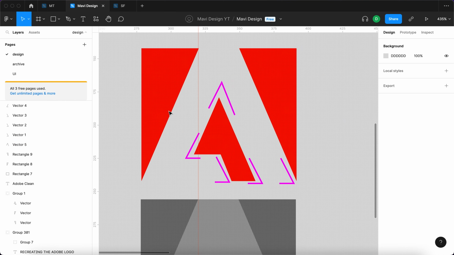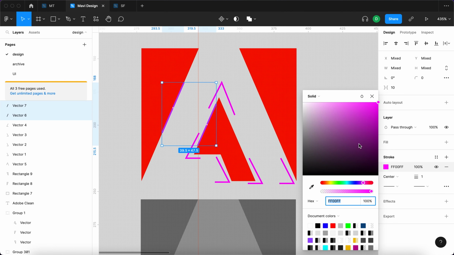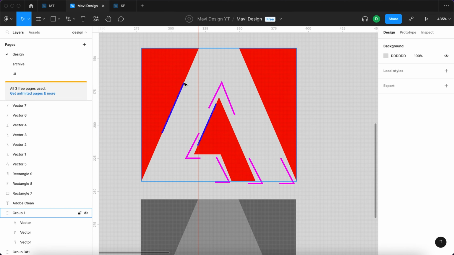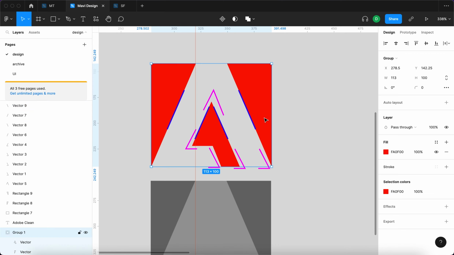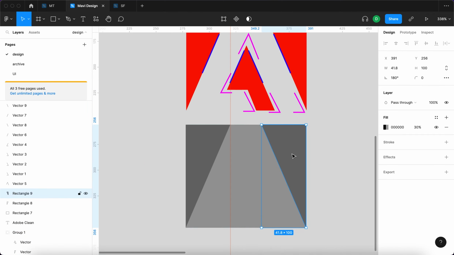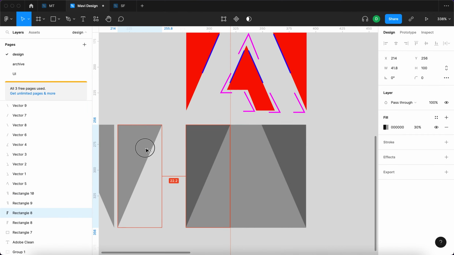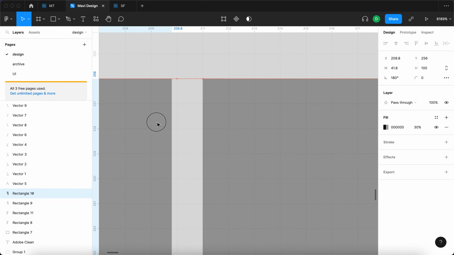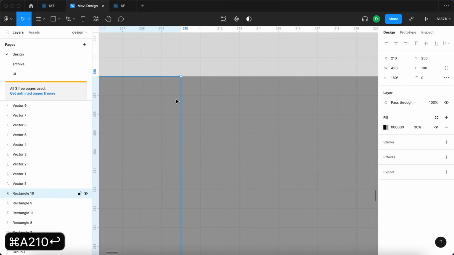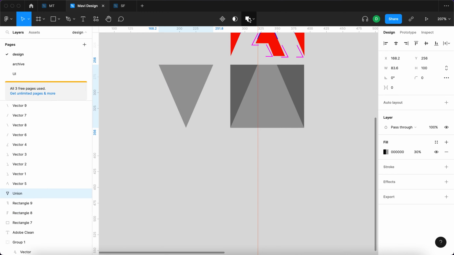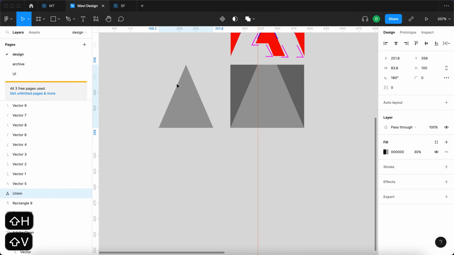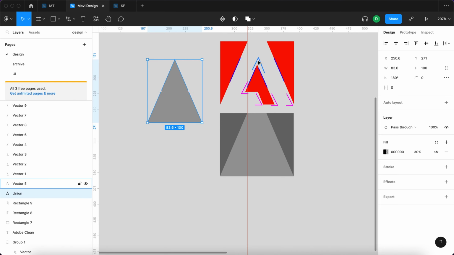Why is that? Mathematically speaking, if these two lines are parallel, let me change the color of this so you can see it better, and these two lines are parallel as well, and this triangle is also this triangle but flipped, we could assume that when you take these two triangles that we have already created and align them precisely, so their edges touch like this, and then merge them by selecting them and going here to union selection, and then flip it vertically, the angle you get right here is this one, right?